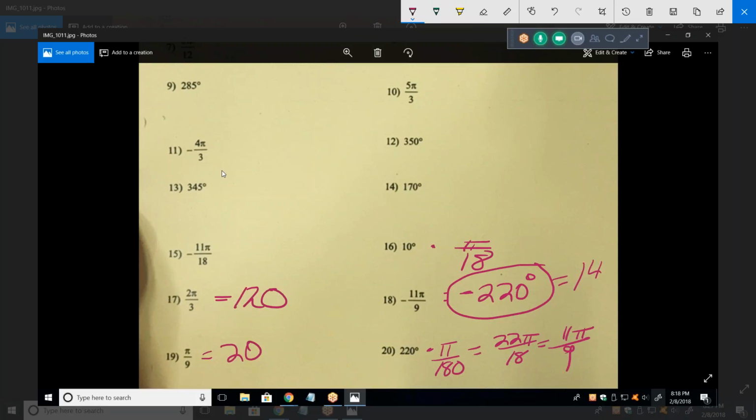Now, I'm not sure it's fair to say those are exactly the same, because 140 is this angle here, whereas minus 220 is that angle there. It's just that the minus angles are measured clockwise, the positive angles are measured counterclockwise. They end up being on the same ray.